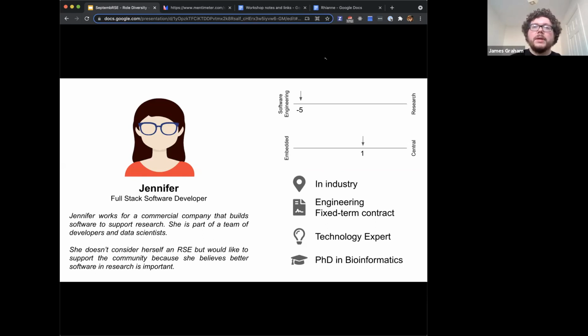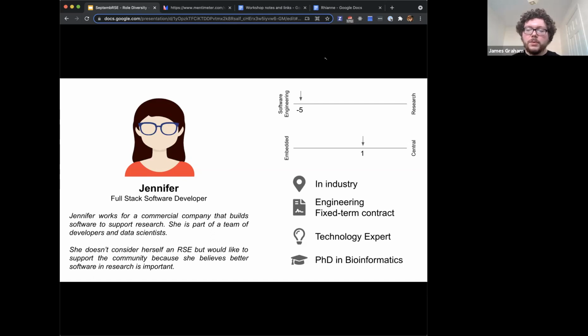We thought she probably wasn't a member of our community already. We didn't think she would come to an event like SeptembRSE without an existing link to the community. She wouldn't have heard of it, but even if we'd invited her, we thought that she probably still wouldn't come. And we also thought that she's not really looking for support from a community.